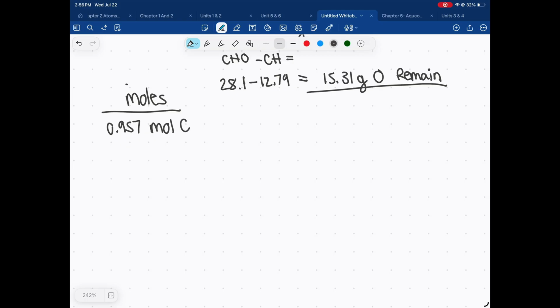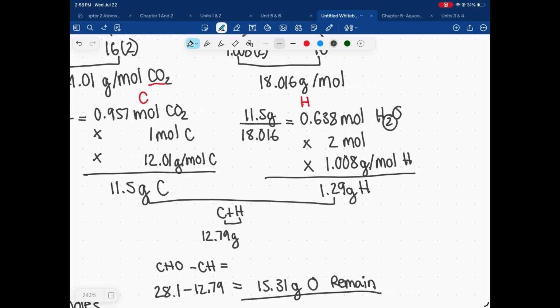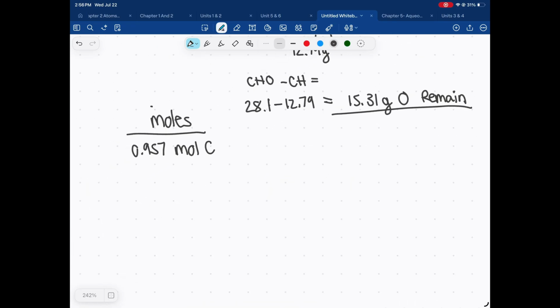Because C is not a molecular carbon, we only have to multiply it by 1 to achieve our moles, whereas for H, it is a molecular H, so we have to multiply it by 2.